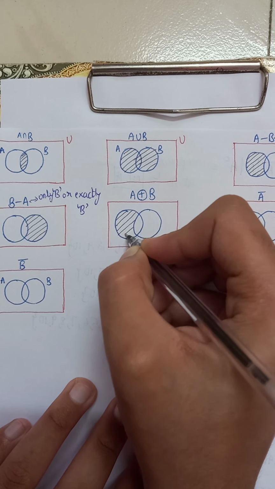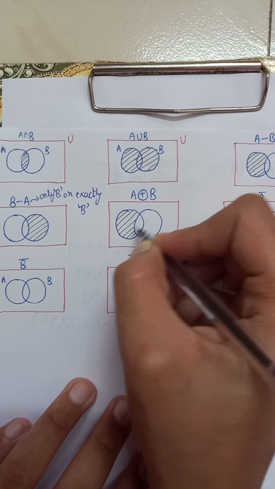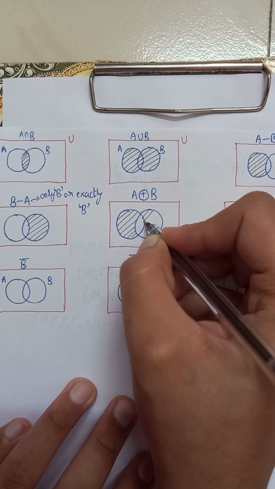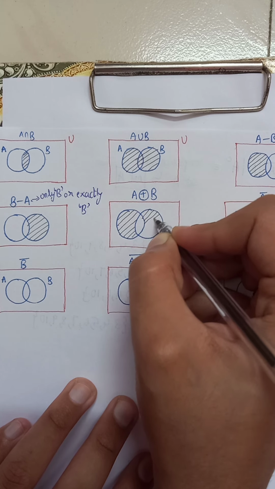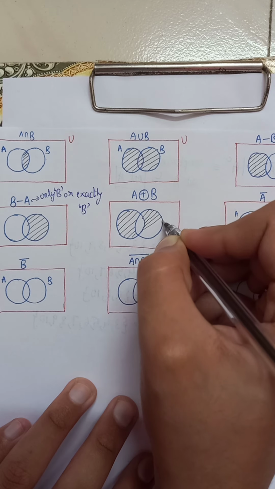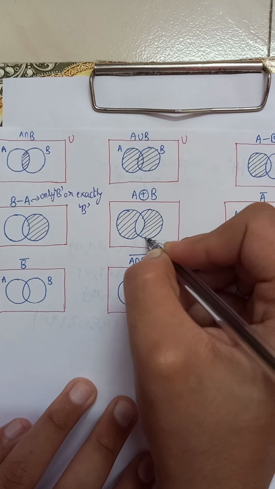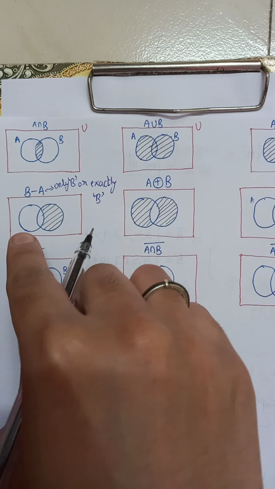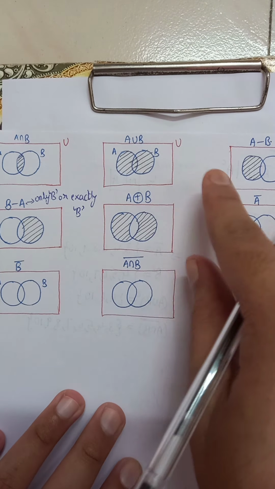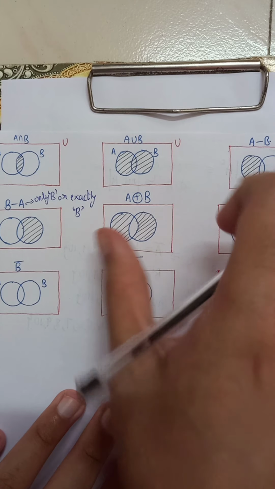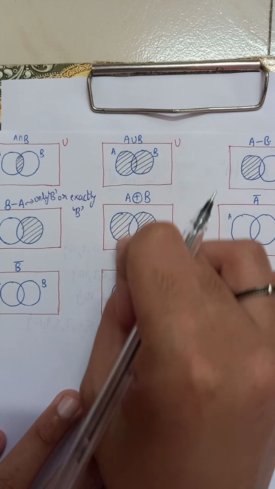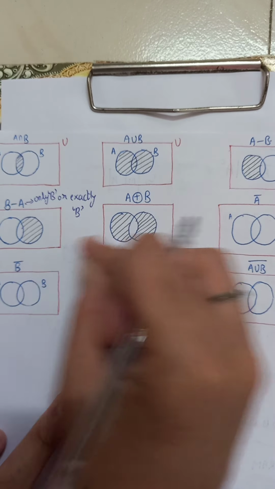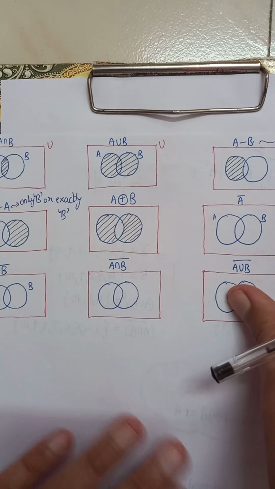You will represent the symmetric difference of A and B like this. You should not shade the common region. By taking the union, you'll get the shaded part of exactly A and the shaded part of exactly B. You should not shade the common region.